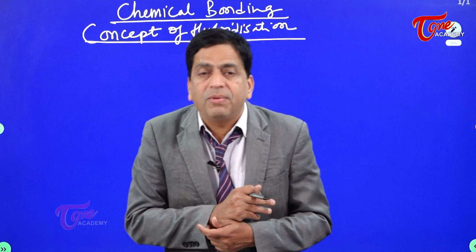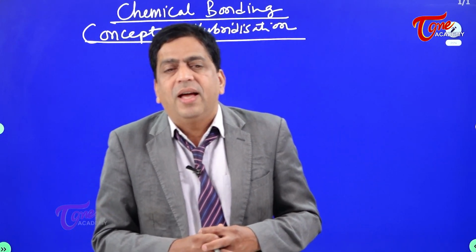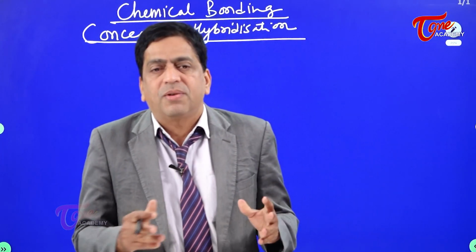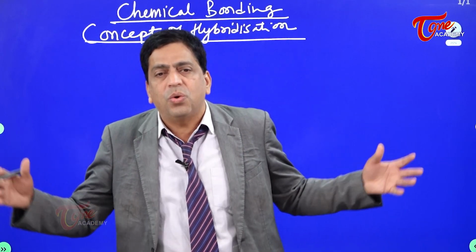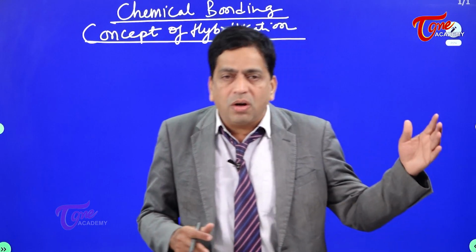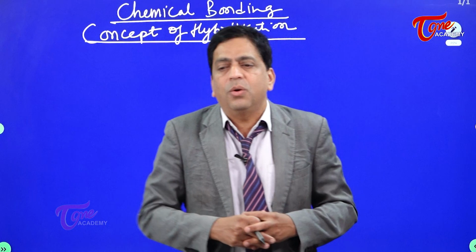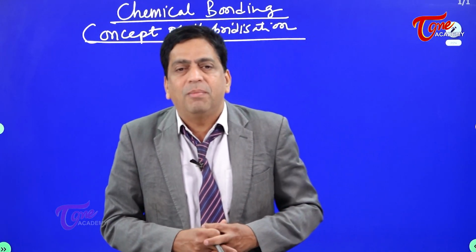Right, for that I think we got a great explanation given by Linus Pauling by introducing the concept of overlapping. Before the concept of overlapping, it was told that the atoms are overlapping with one another. The atoms don't overlap with one another. It is the orbitals inside the atom that are actually overlapping with one another and holding these two atoms together. That should be the covalent bond formation.